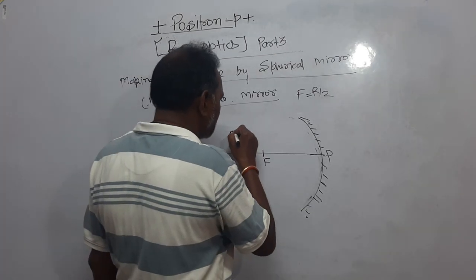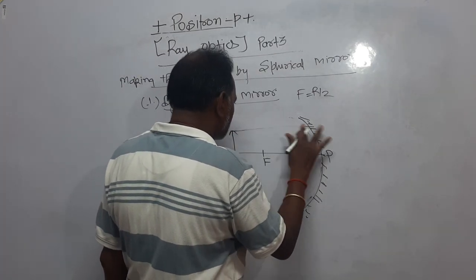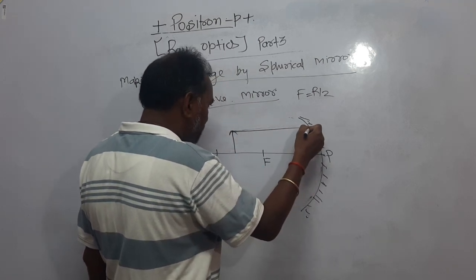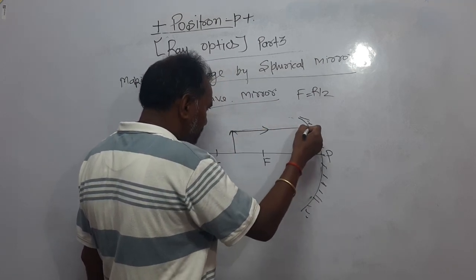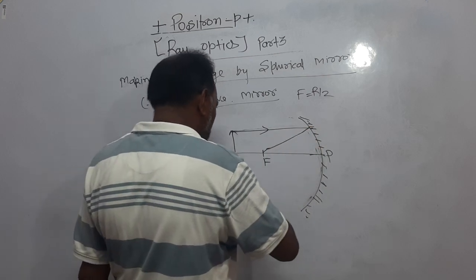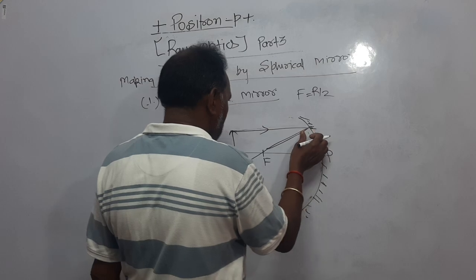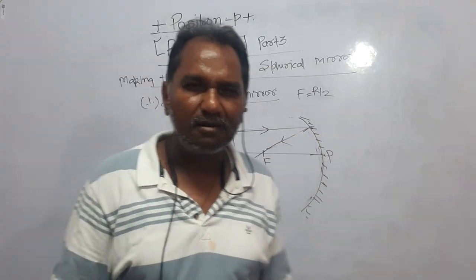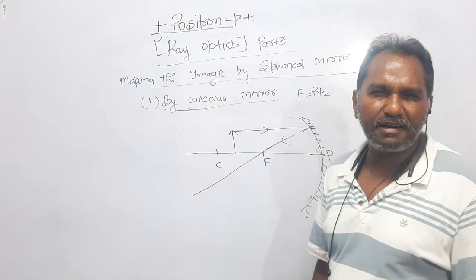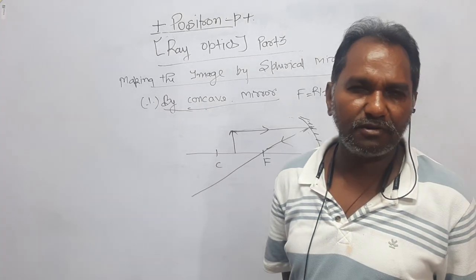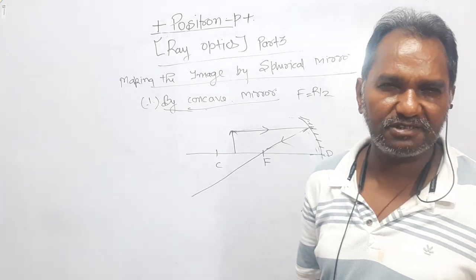A ray I am considering like this, parallel to the optical axis. This is one ray I have considered that is incident parallel to the optical axis, and after the reflection from the mirror, no doubt it will pass through the center of curvature.